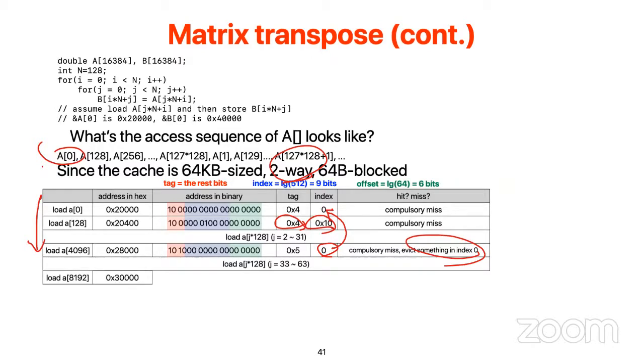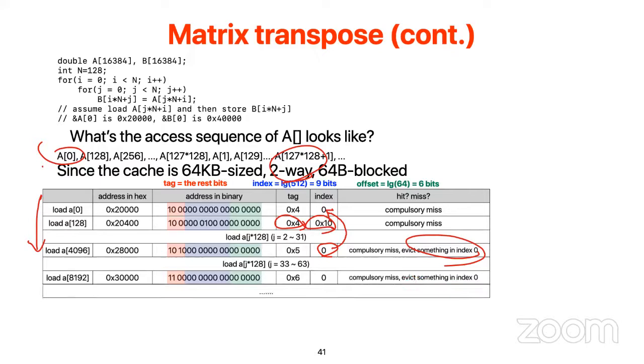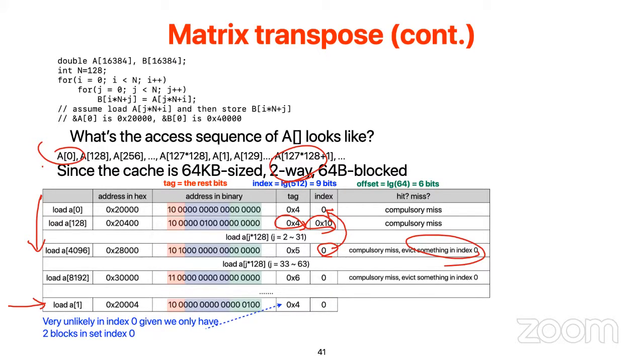So the next time when you visit load A1, this is tag 4, index 0. It's very unlikely that you are going to keep 0, 4 in your cache, because in the middle there are so many of them competing for index 0, and you are further away from being accessed. So very unlikely A1 will remain in your cache.